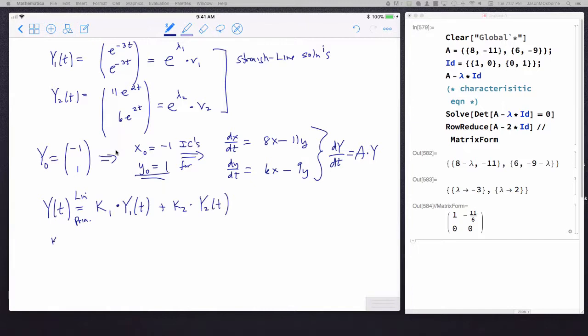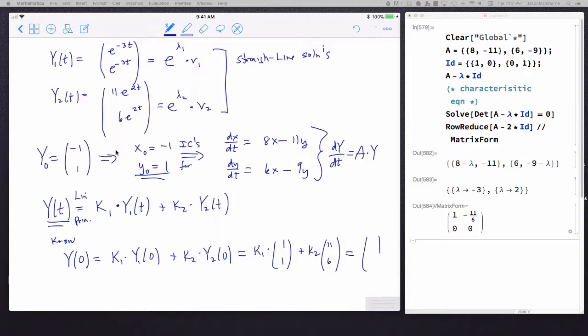And we know that what we want capital Y of t to happen is that when you put in 0, you'll get y1 evaluated at 0 and your second straight line solution evaluated at 0. But that just becomes k1 times your first eigenvector plus k2 times your second eigenvector, and that's supposed to be equal to your initial condition vector, right?